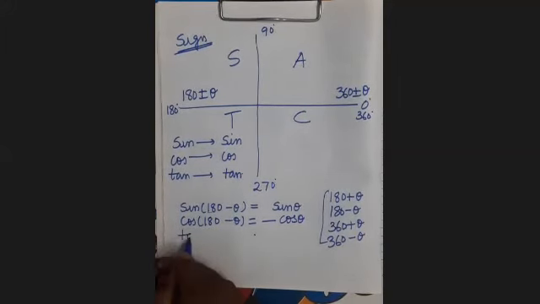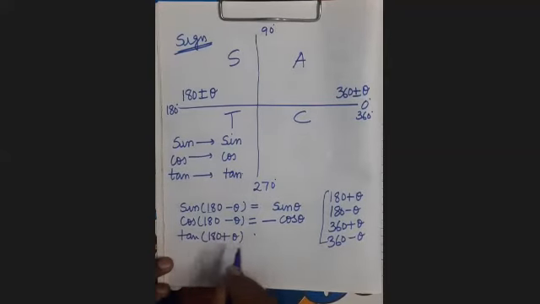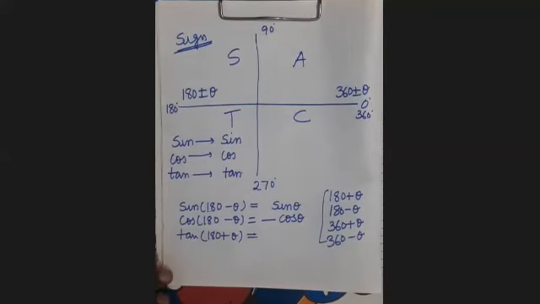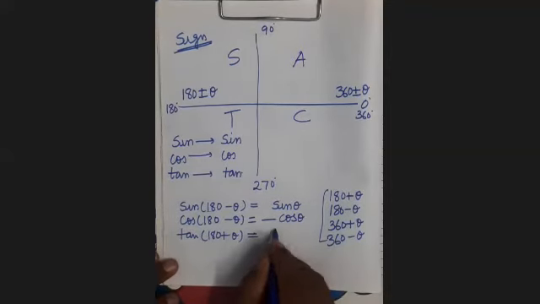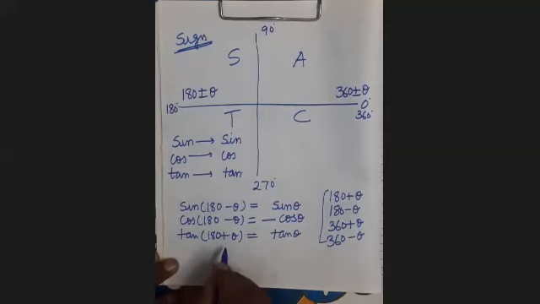Now you see tan 180 plus theta. Positive. And tan changes into tan only at this angle. It's clear?